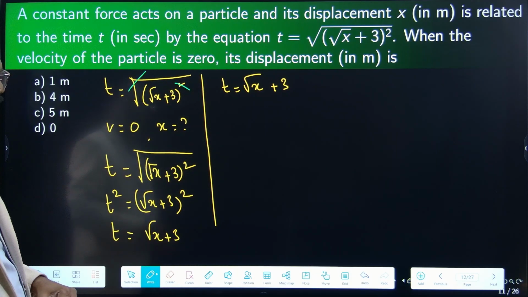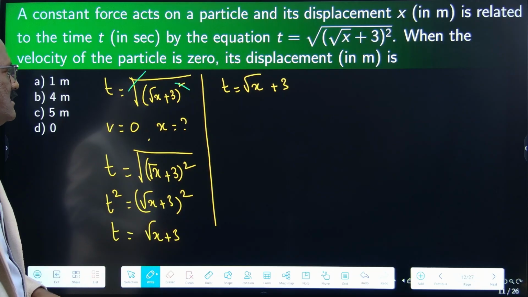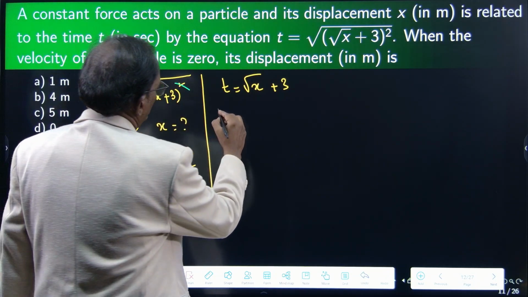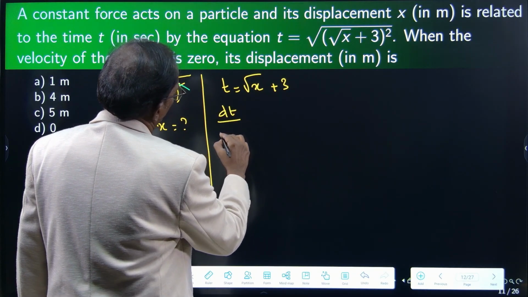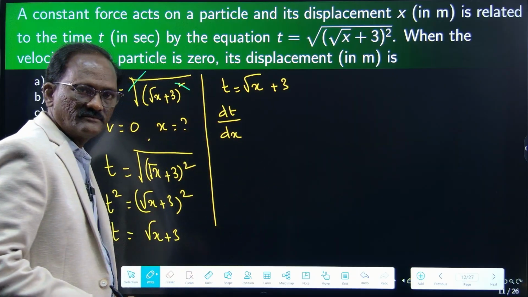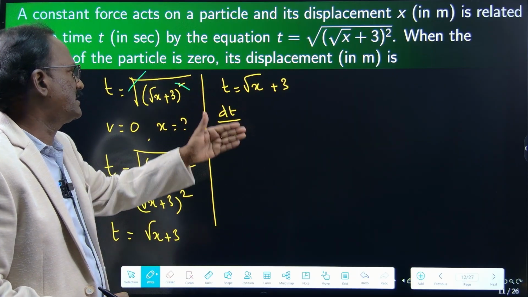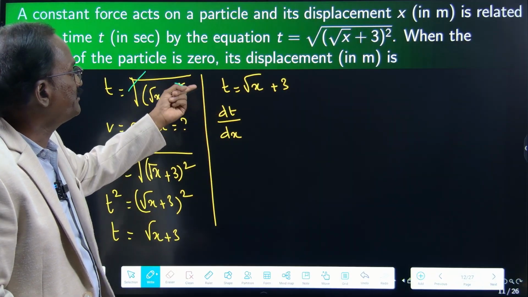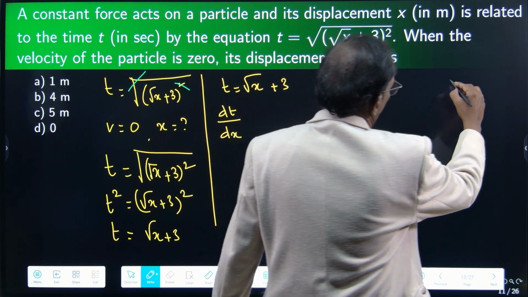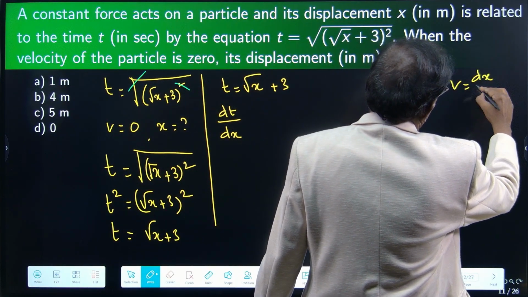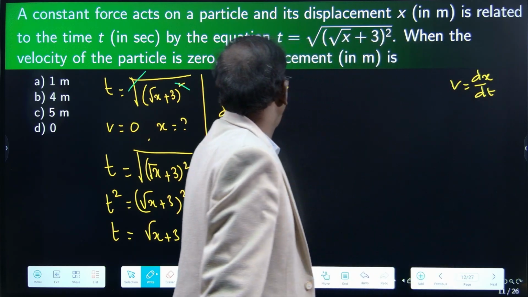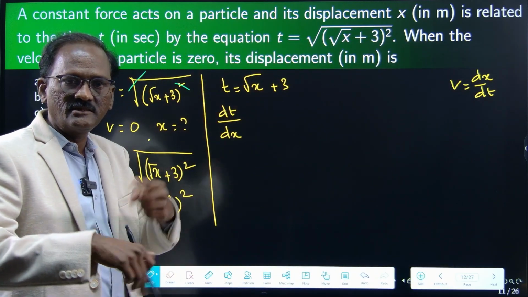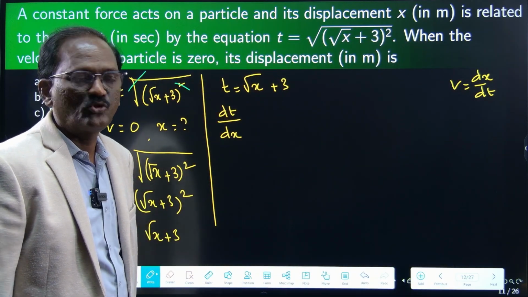When the velocity of the particle is 0, we have to find the velocity. So find dt by dx. Time is given, so differentiate time. If you invert it, dx by dt, that is our velocity. V = dx by dt. So first find dt by dx, then take the reciprocal.